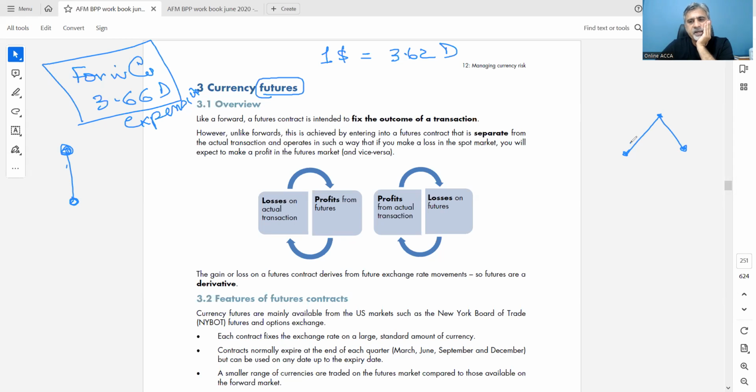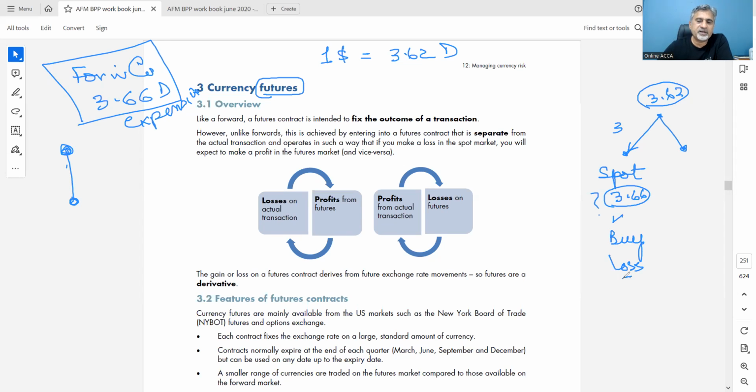What you are concerned about is that in 3 months' time, when I go to the spot market to buy dollars, today it is 3.62 dirhams, but at that time it might be 3.66, 3.67, 3.69. I am not sure. And you will buy it from the spot, and there is a possibility that you will suffer some loss.